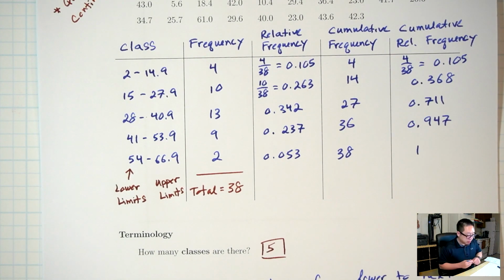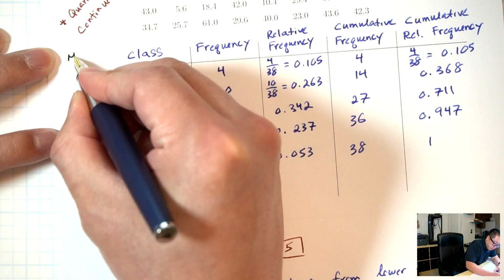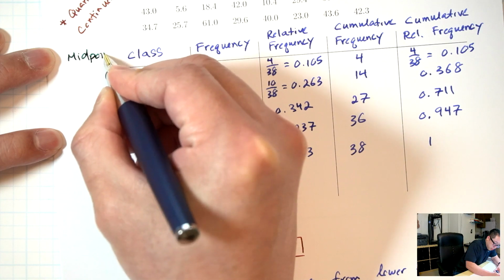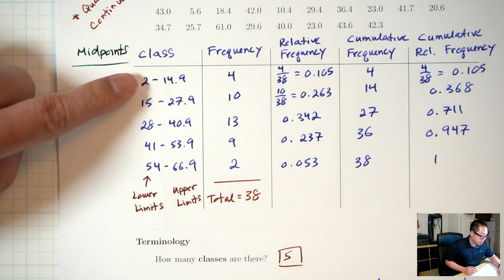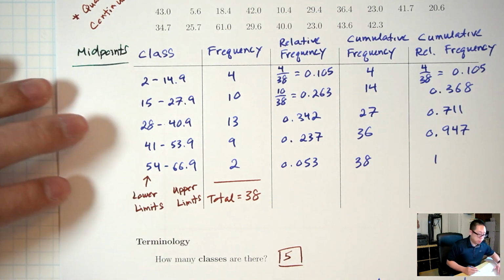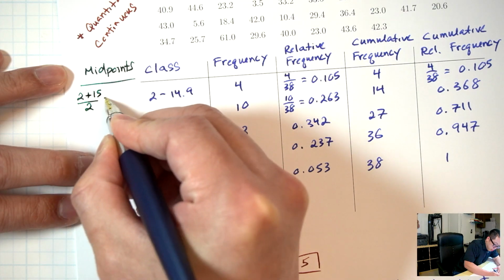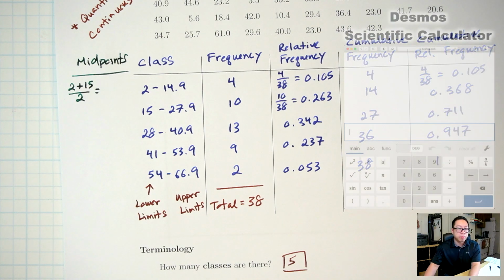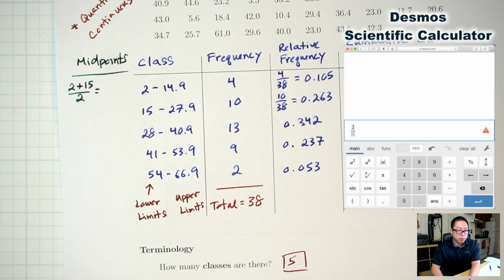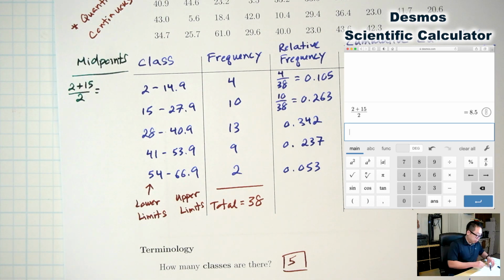So let me do this in green. The first one's going to be 2 plus 15 divided by 2. On my calculator, 2 plus 15 is 17, so this is really 17 divided by 2, 8.5.